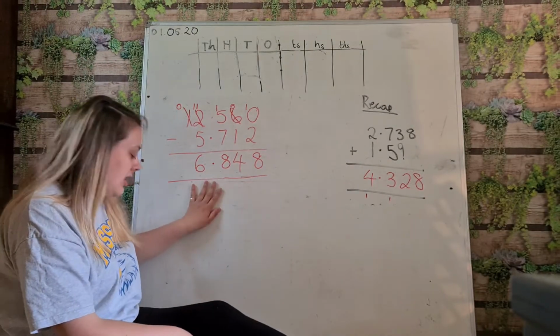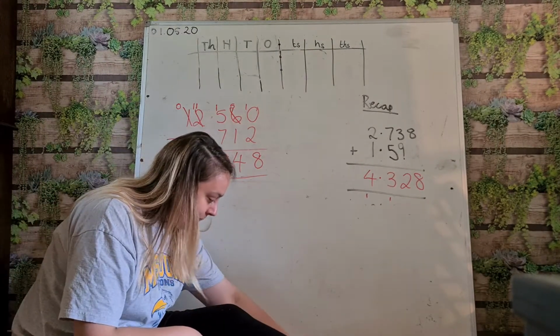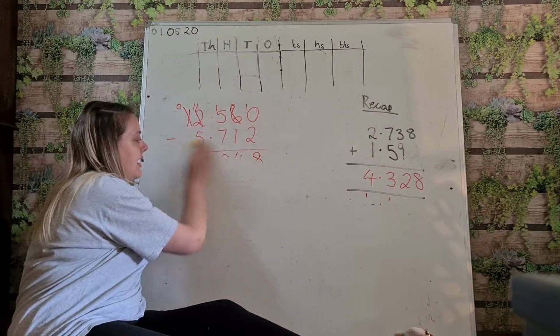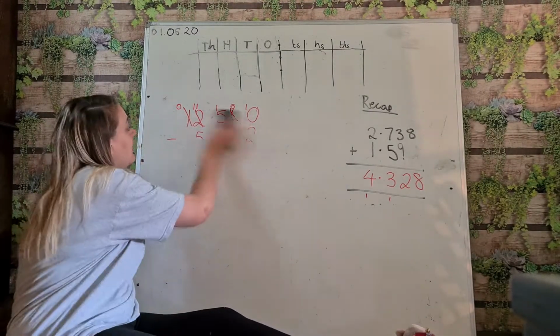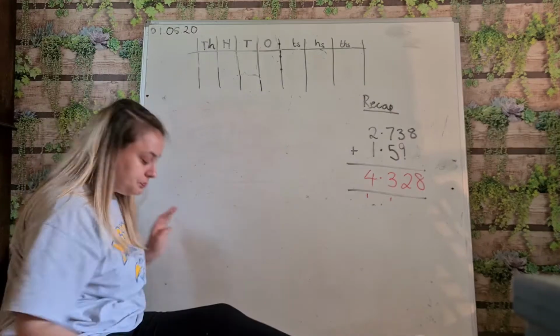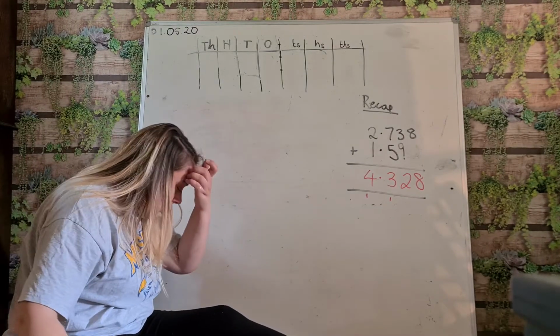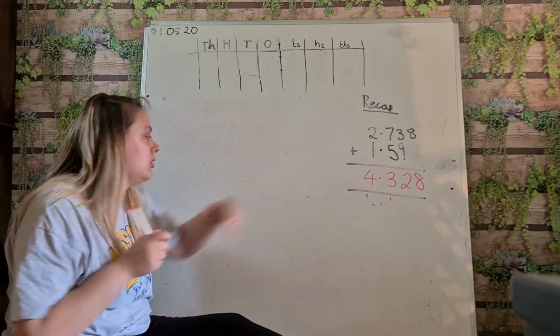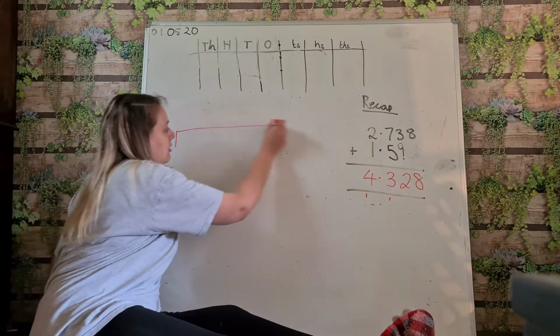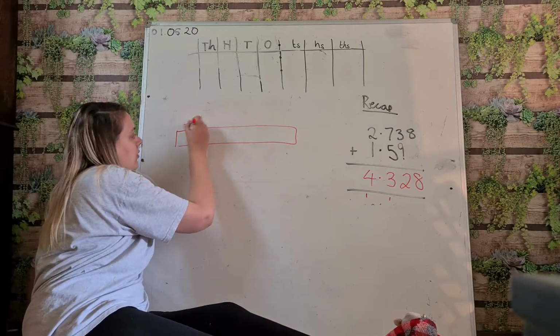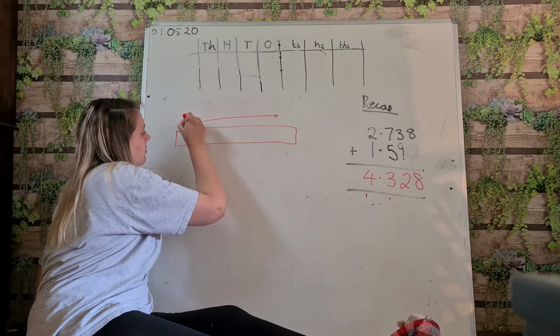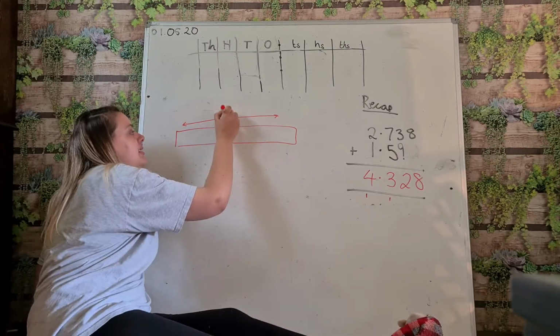Okay, so we're going on to one more now, and this one is a bit of a problem solving question. So I have a plank which is worth 2.7 metres.